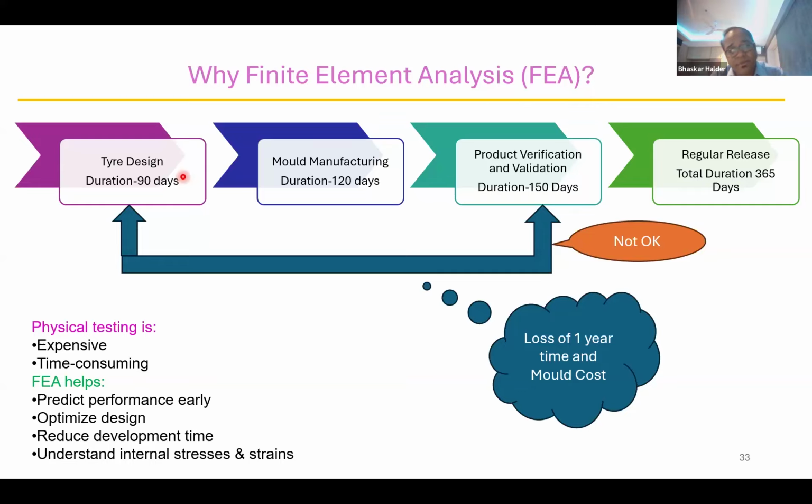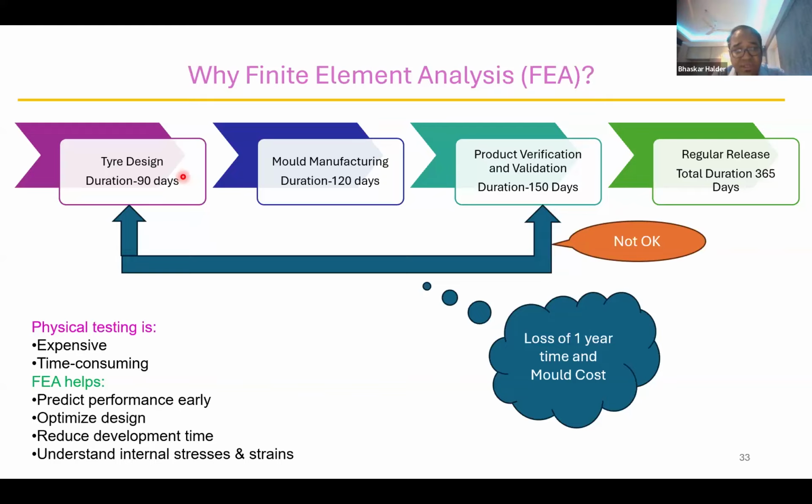In terms of time, tire designing generally requires around 90 days. Then there is the process of mold manufacturing, which takes 120 days, and there are product verification and validation parts. In total, it needs 365 days.